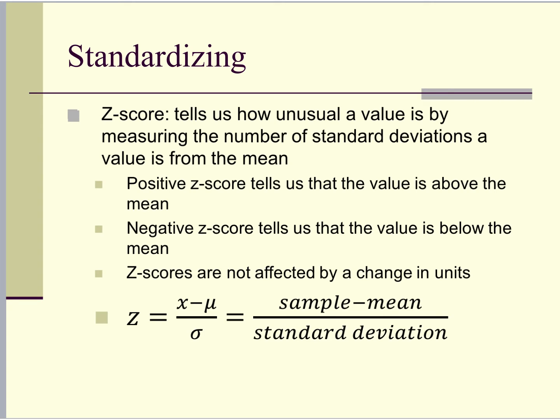Which one is more impressive when I'm comparing more than one measurement? For example, in a decathlon, how do I know what's better? Winning the race by a certain number of seconds, or jumping farther in the long jump? Standardizing by using mean and standard deviation allows us to do that.